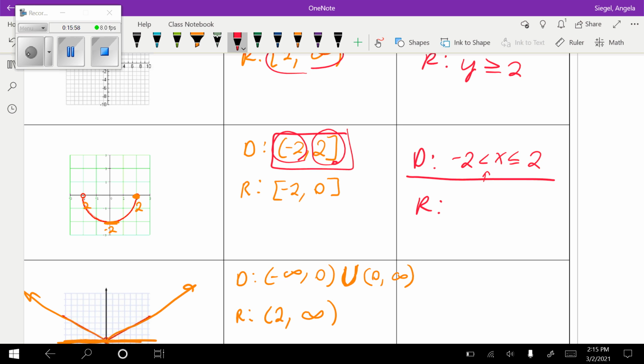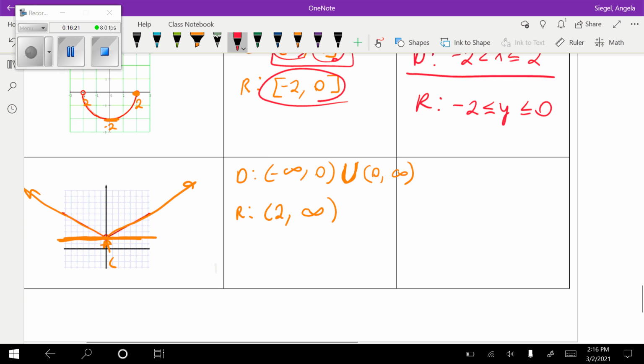So notice that there's no line underneath that less than sign. So that's the difference. Okay, so this one is going to be -2 less than or equal to x less than or equal to 0. Oh, sorry, it's not x, y. Y. So x is domain, y is range.